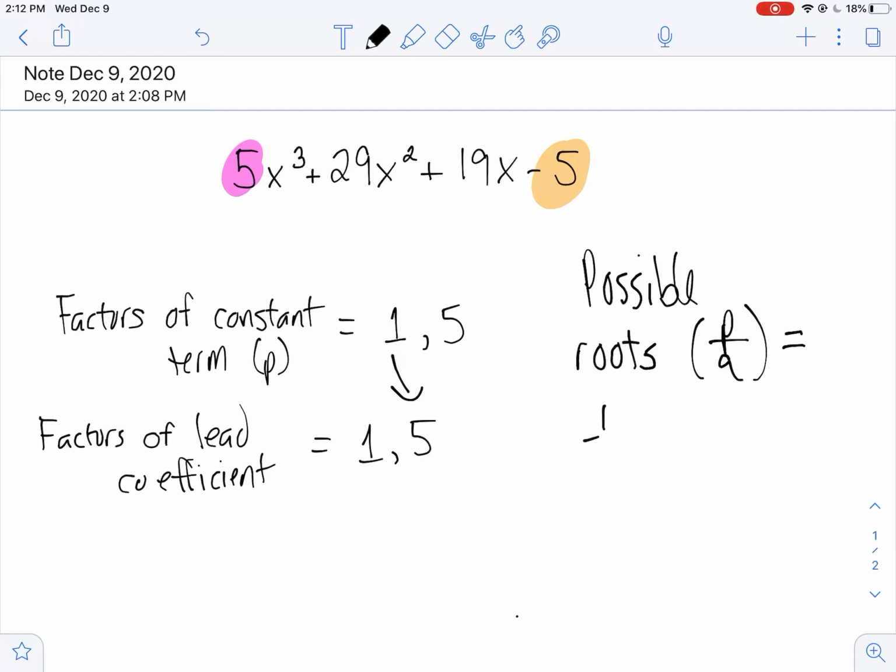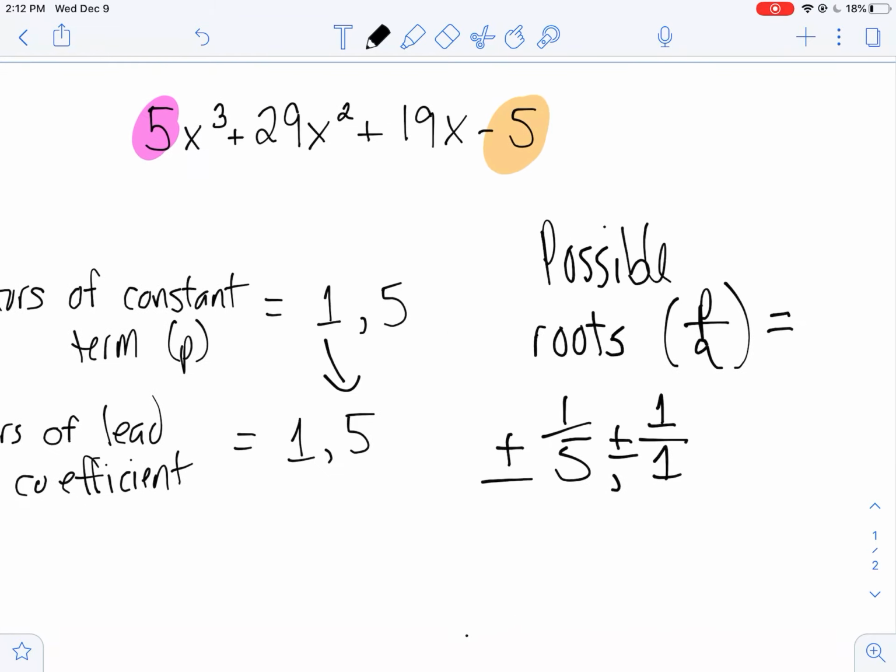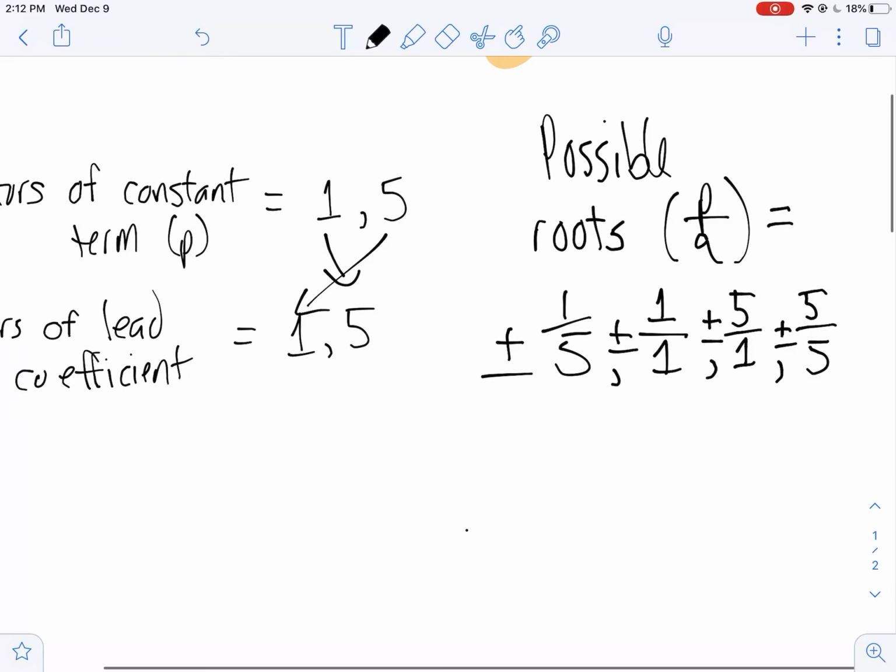In this case, I could have 1 over 5, positive or negative, or 1 over 1, positive or negative. And then I would go the other way around too. I could have 5 over 1, positive or negative, and 5 over 5, positive or negative.